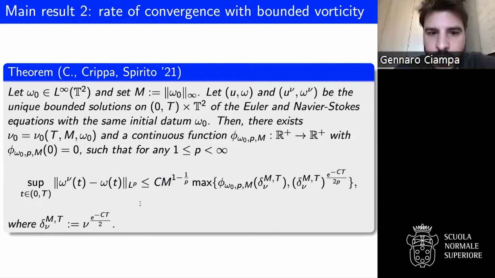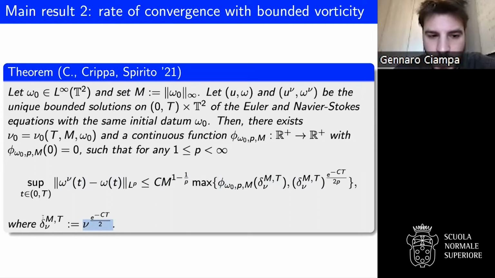What you get is that there exists a function, which is a modulus of continuity, which depends on omega 0 as a function, so not just on its norm, such that the difference between the two solutions is controlled in this way, where delta nu is this one.